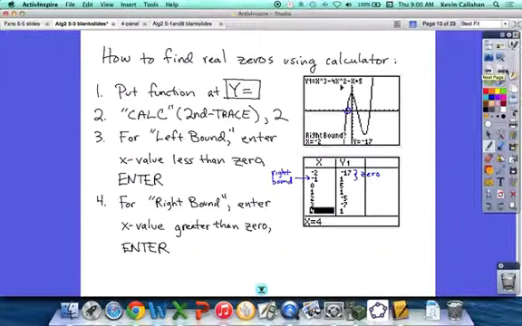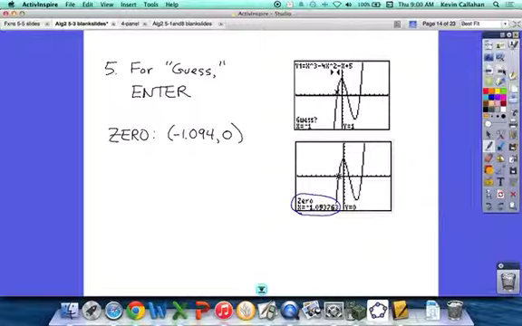It says guess. Where am I at? It says guess, right? And what you'll notice is it put 2 triangles where you put your left bound and your right bound, right? And it's asking, do you want the calculator to calculate this thing in between those 2 arrows? You always say yes. I mean, you presume that you put them where you want it. Just say yes. Hit enter.